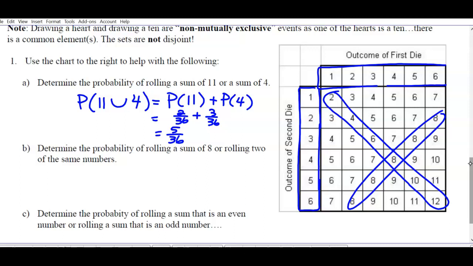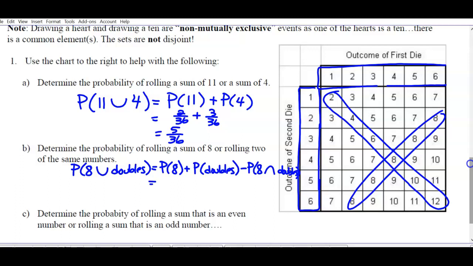If you did use the formula, then it would be probability of 8 union, I'll call it doubles. Probability of rolling an 8 plus probability of doubles minus the probability of 8 intersection doubles.